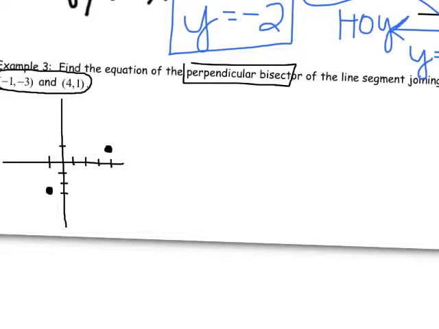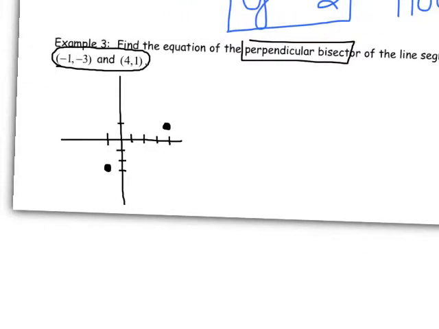So go back to our actual picture. This is the segment, and what we want to do is find the exact middle. Somewhere about there. We're going to have to actually find it. And we also want the equation of the line that goes through that point at a 90-degree angle, perpendicular. So this red line is what I'm looking for.